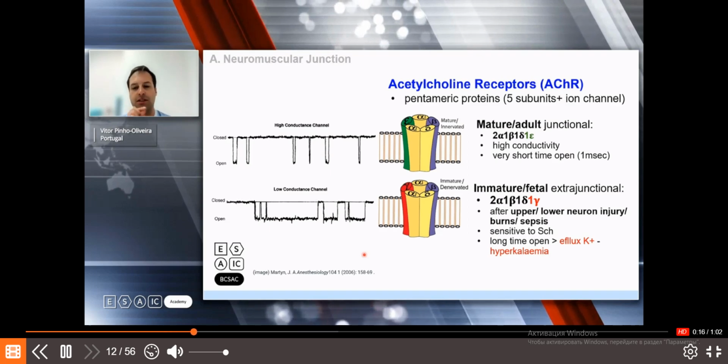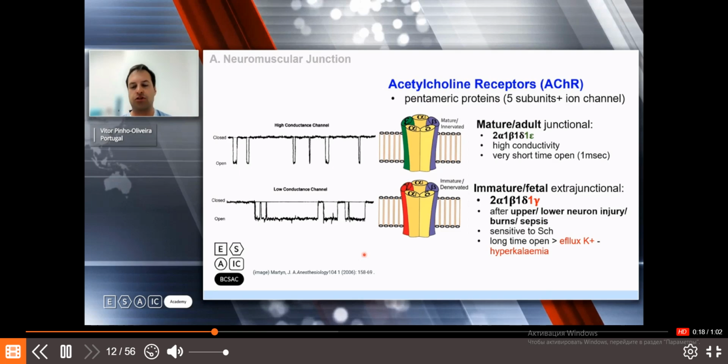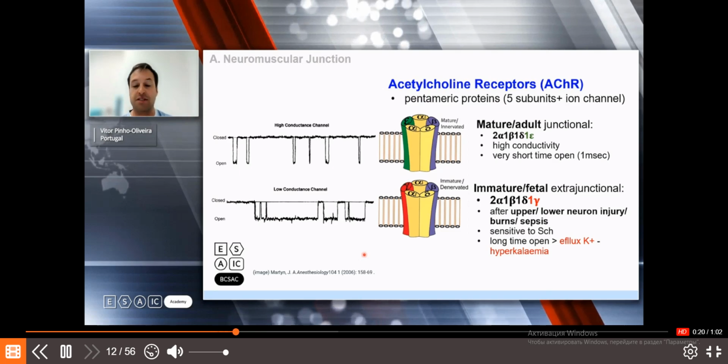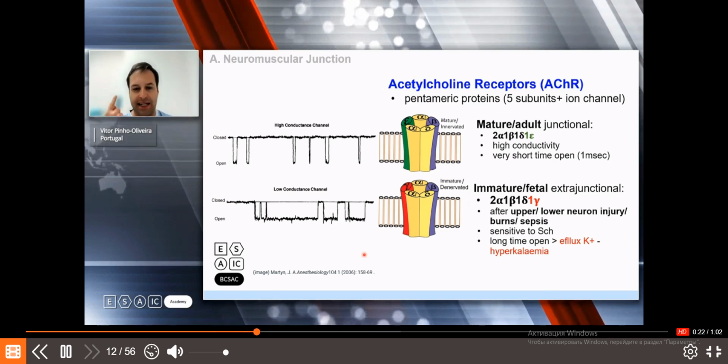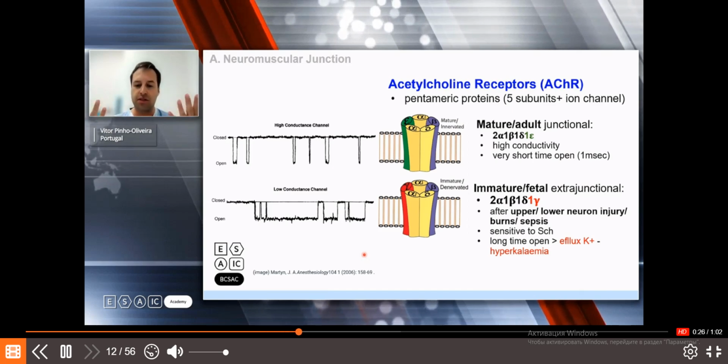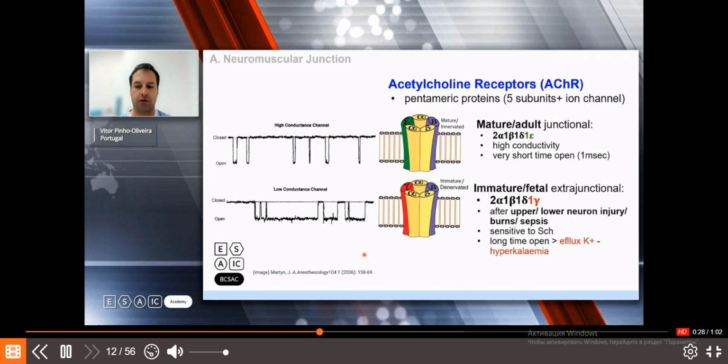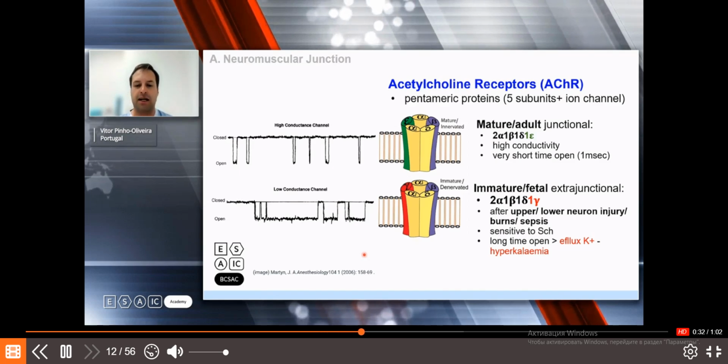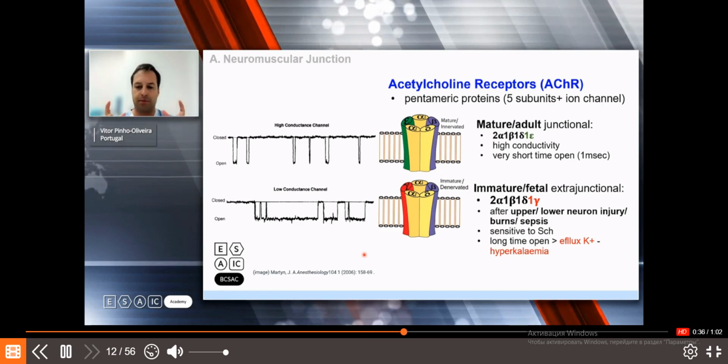By opposition, the immature fetal extrajunctional receptors have 1 gamma instead of an epsilon subunit. They are induced after upper or lower neuron injury, or after burns, or after sepsis. They are highly sensitive to succinylcholine, and they stay open a longer time.